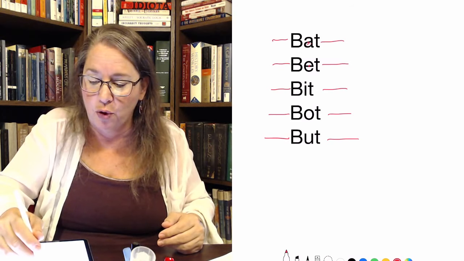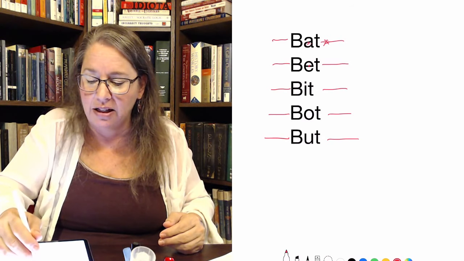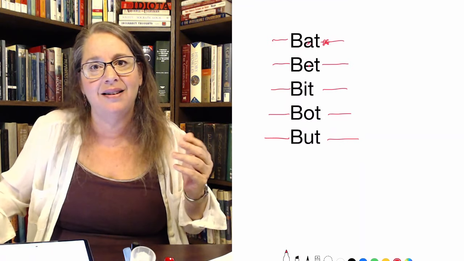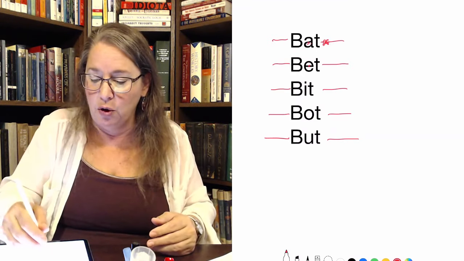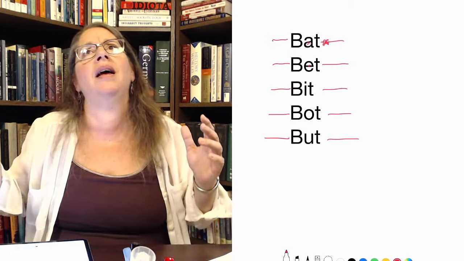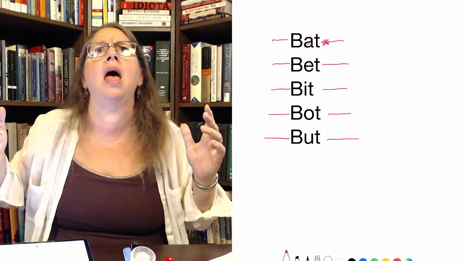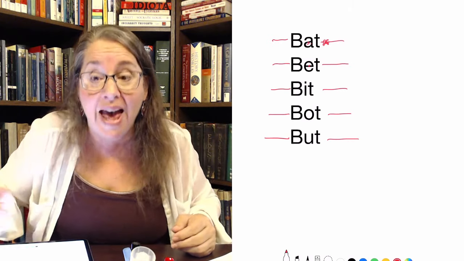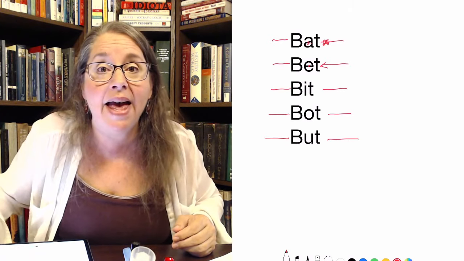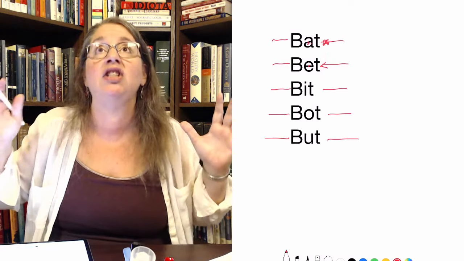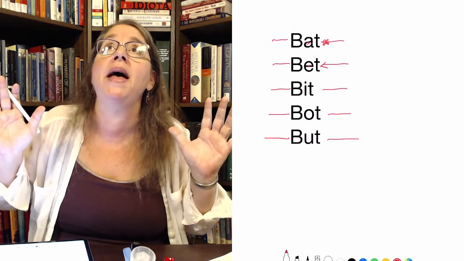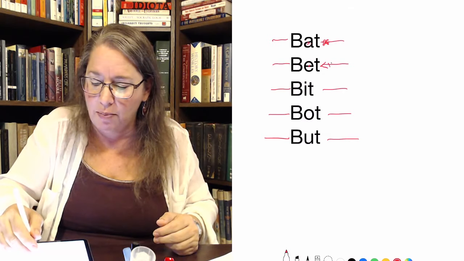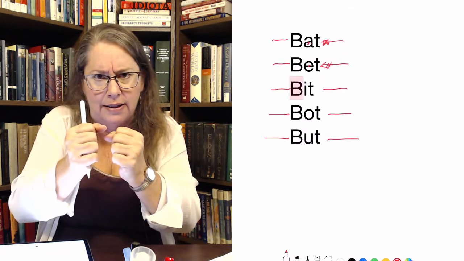She is reinforcing the exact perfect pronunciation of the English ah. And if you were to say as a baby, bat, she would say, bet, bet, bet. And eventually the baby will say, bet. And she'll go, yay. So she's teaching the baby what the target is.